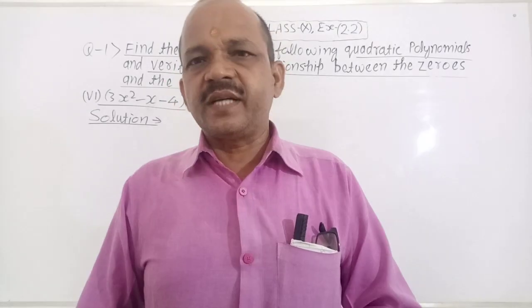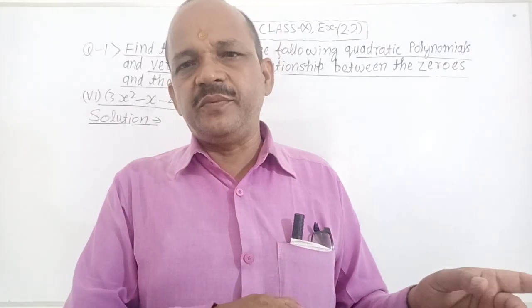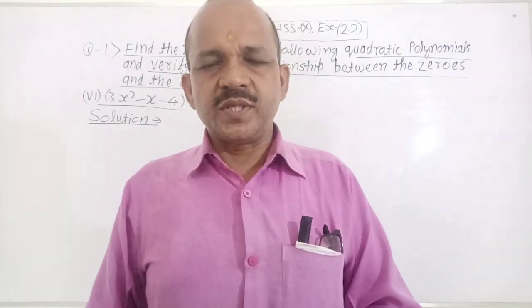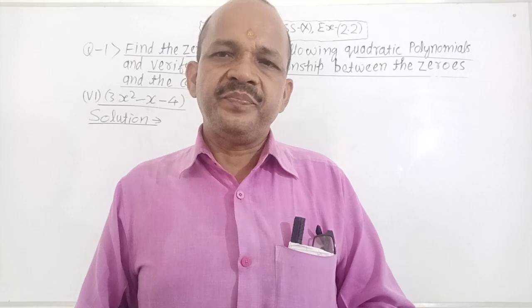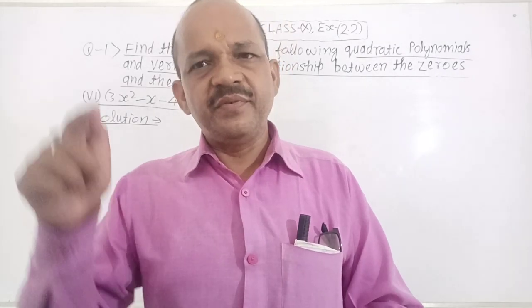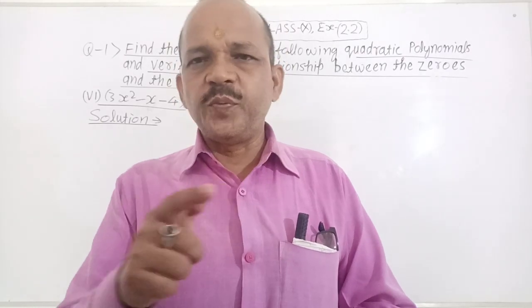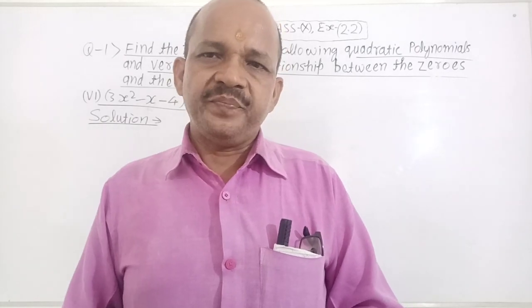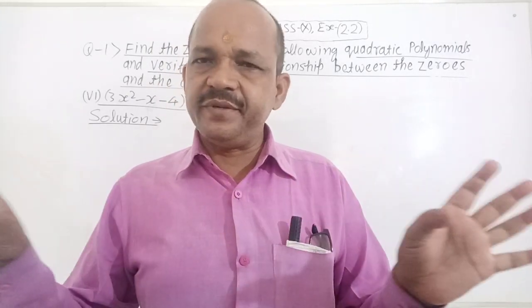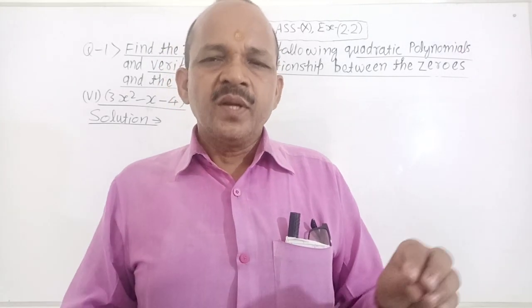Now I want to describe the relationship between zeros and coefficients. Sum of zeros equal to alpha plus beta equal to minus coefficient of x upon coefficient of x square, equal to minus b by a. It is clear, no confusion about it. Very good.